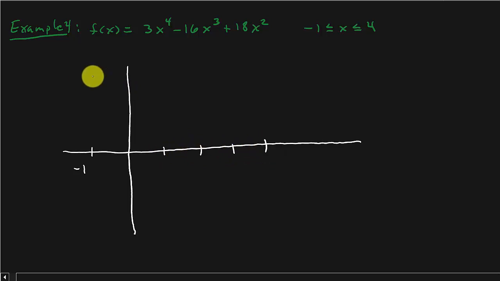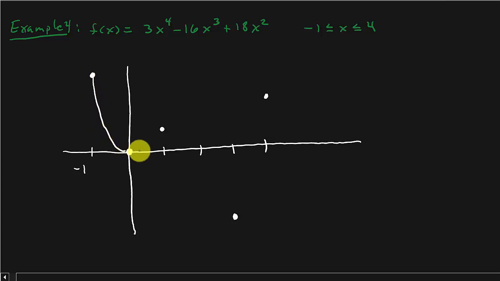All right, so we've got this point here, and then we've got 0, 0, and then we've got this point, and then this one, and then we have this one.